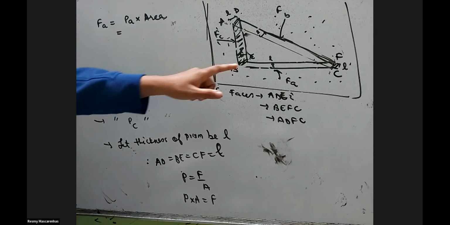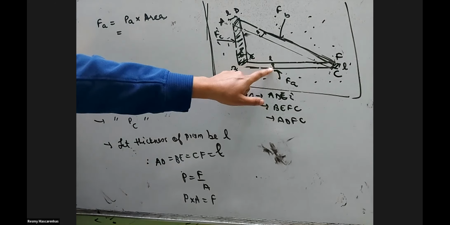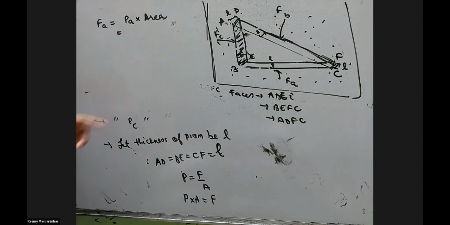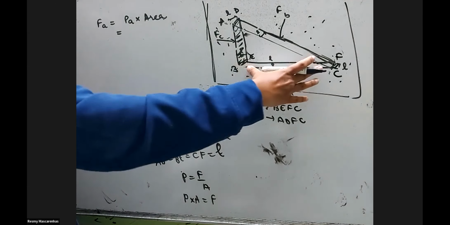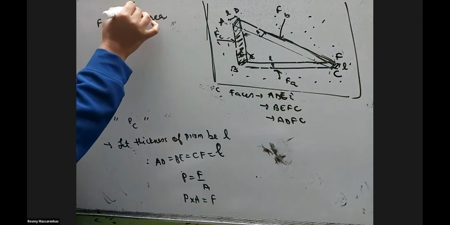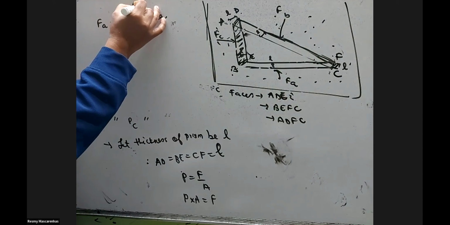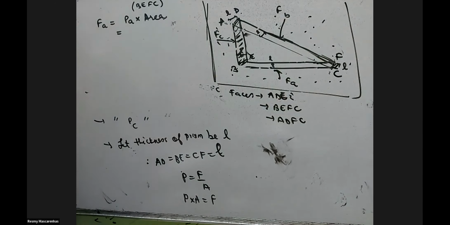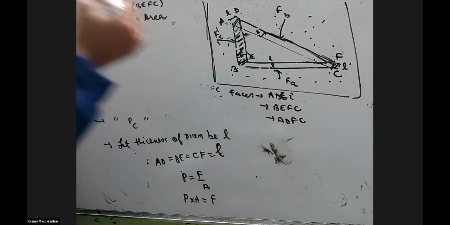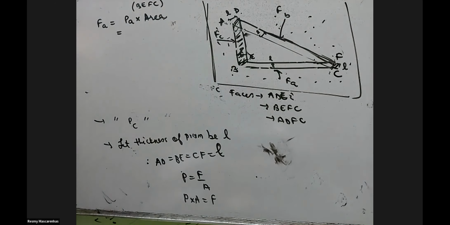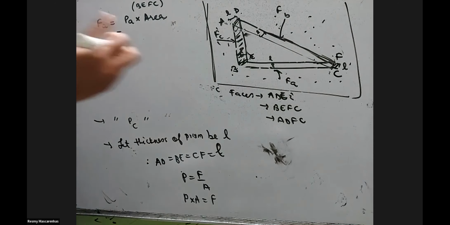Pressure into area. So we know that on side BC, the pressure we have assumed it to be Pa. Area is how much? Length into breadth. So now what is the length of this space? Which space are we referring to? B, E, F, C. So length I'll consider BC.